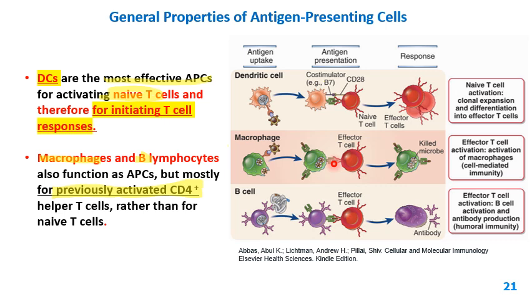It doesn't need two signals anymore. Now, with only one signal that it gets from this other guy that is not as professional in presenting antigen, it can just recognize that antigen. It doesn't need a co-stimulation because it is already an effector. Only the naive needs an extra push. So this guy can go and do his job just with one signal.